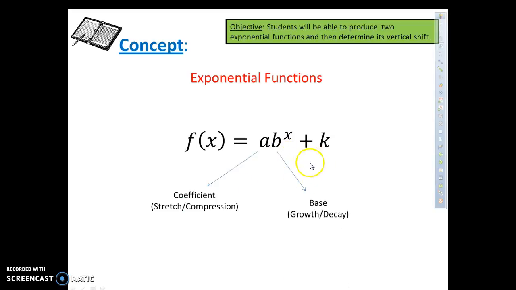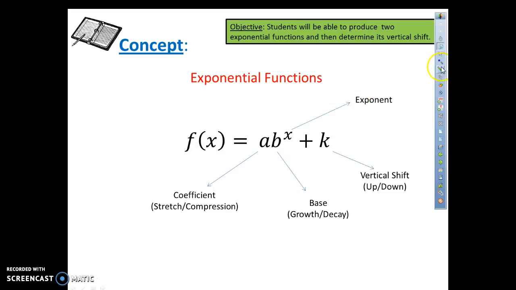The b value is our base, and that controls growth or decay, if we're increasing or if we're decreasing. And besides my exponent, we now have this k value, which determines the shift vertically, up or down. It's kind of like the elevator. The k value kind of decides if your function gets in an elevator, if it moves up, or if it goes down. So please make sure you get that down.